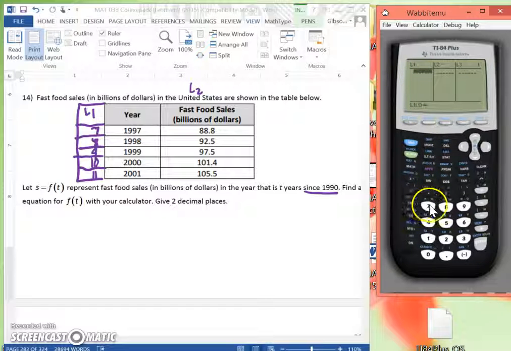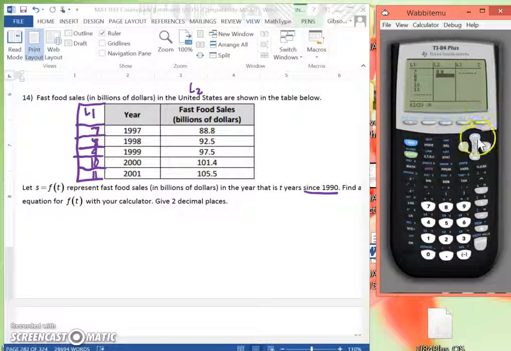Okay, now for L1, we have 7, 8, 9, 10, and 11. Then we will press the right arrow and go over to L2. Now L2, we have 88.8.